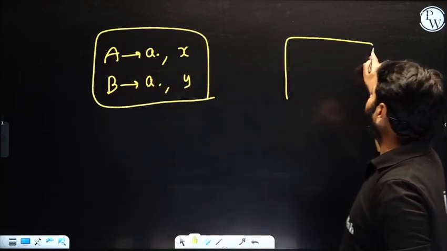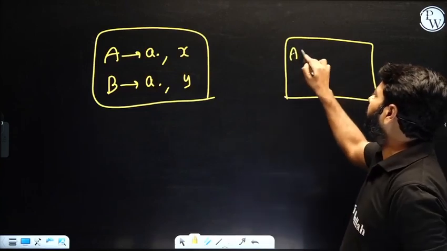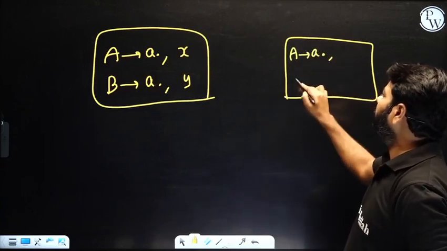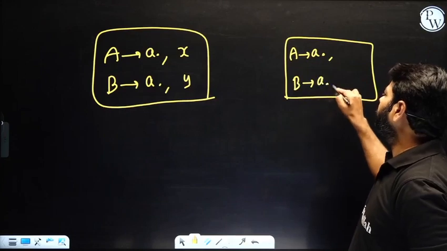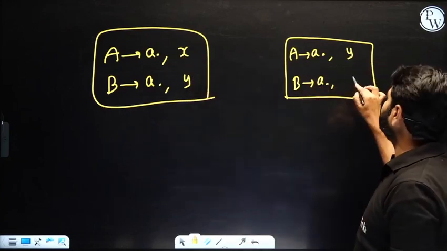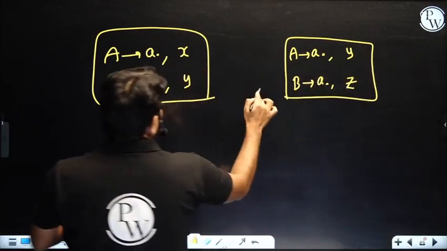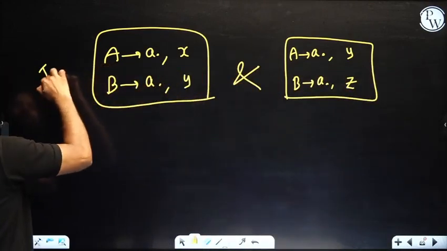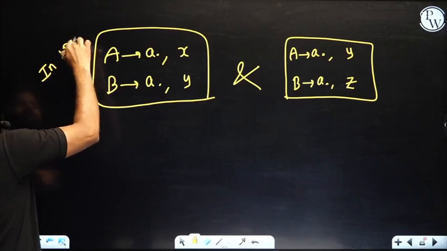And in another state in CLR1, A derives A dot and B derives A dot. This Y is not there here, but it may be here, let's say Z.